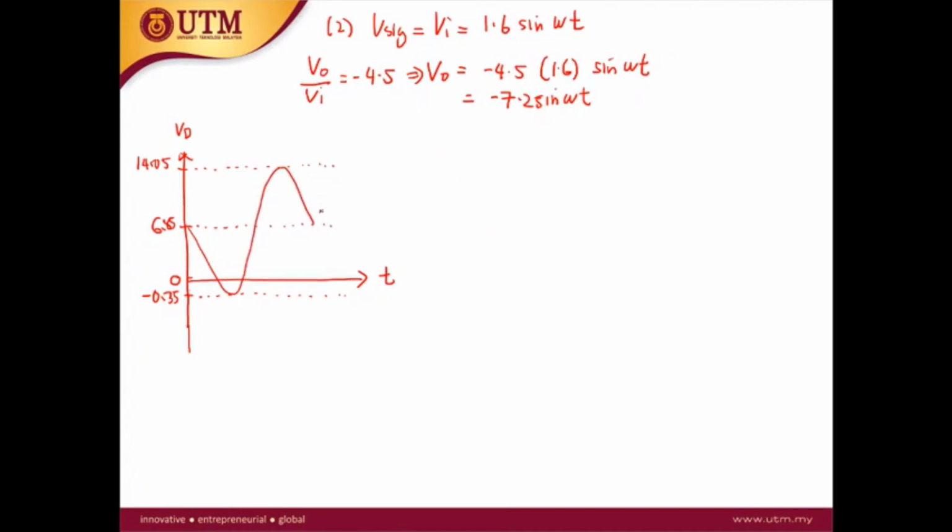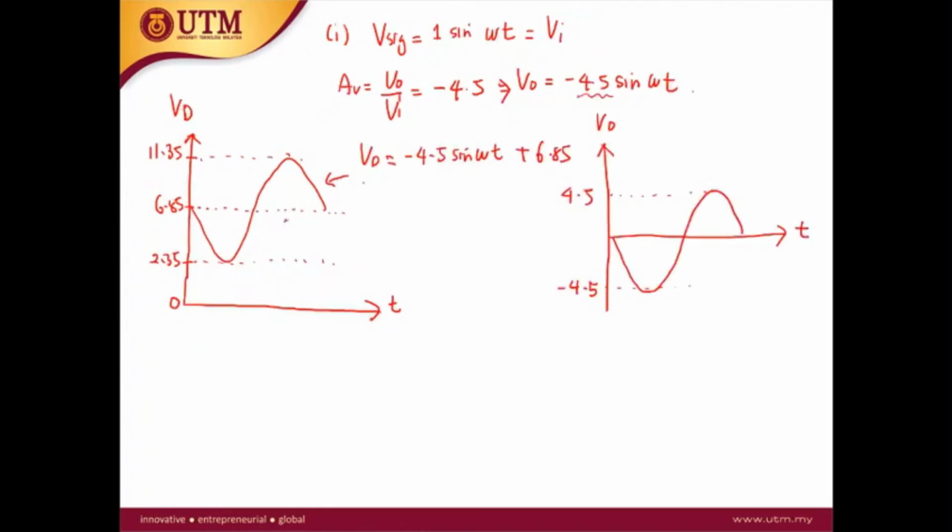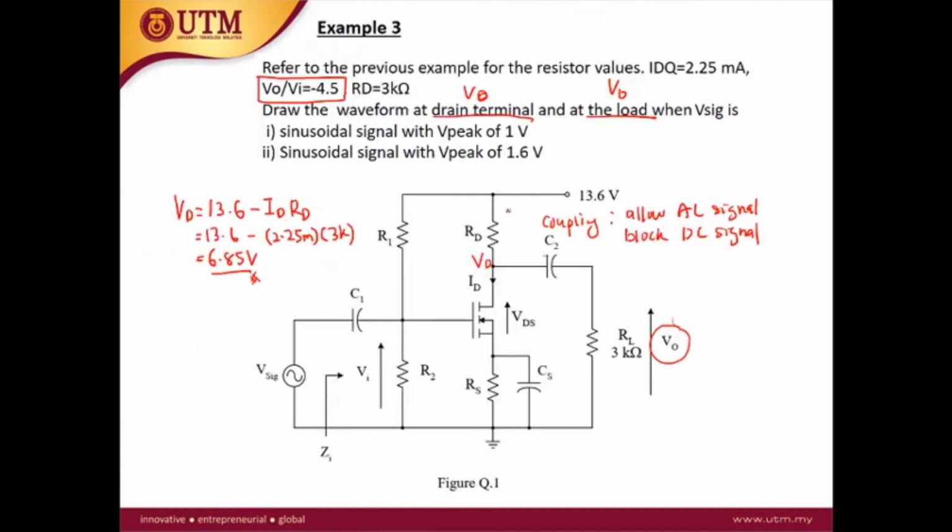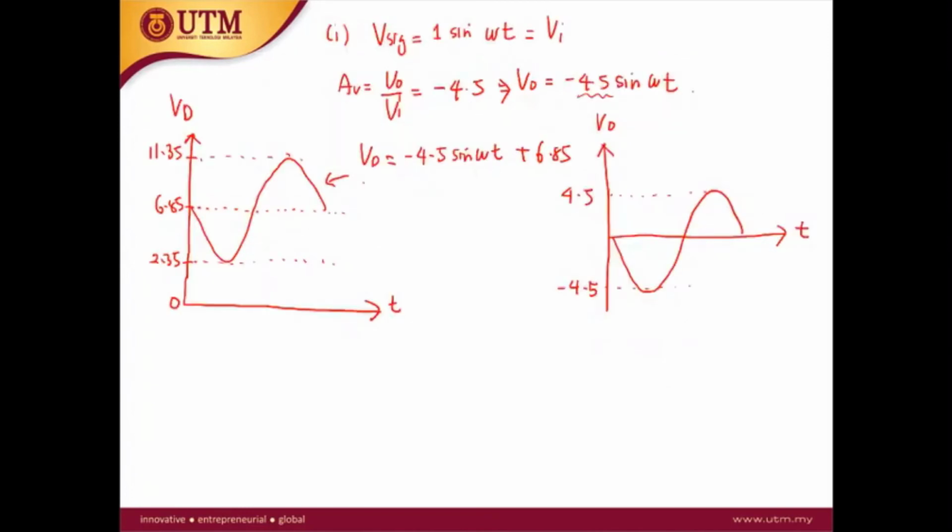But the actual waveform will not be like this, because the drain voltage is limited by the applied DC source. If you see the circuit here, the DC source comes from this 13.6 volt, and then it is grounded. So the possible value for the drain voltage is a minimum of 0 volt and a maximum of 13.6.